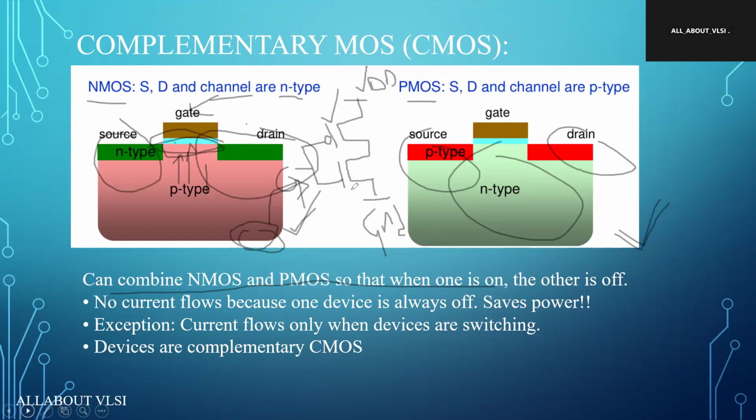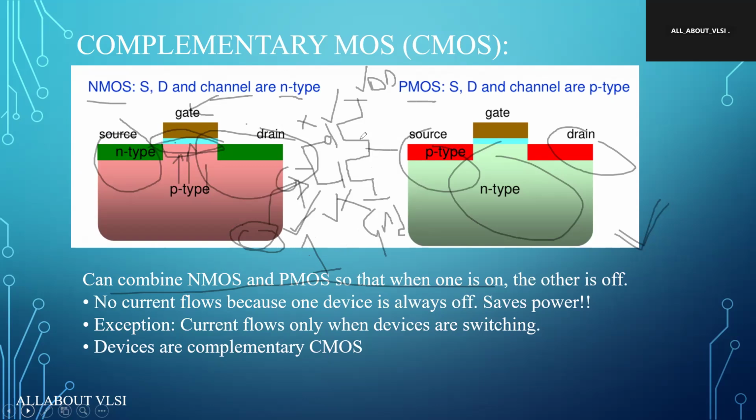And NMOS is in off state, correct? And when you are giving 1 as the input, then PMOS is in off state, NMOS is in on state, right? So we cannot turn on both at the same time in CMOS, right? They are complementary to each other.